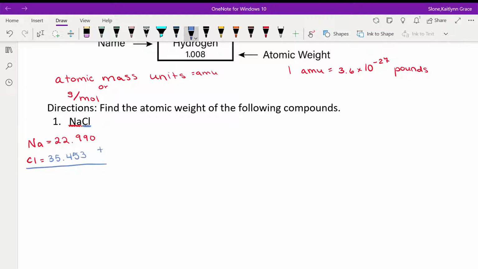So when you add those up, you get a total of 58.443 AMUs, or sometimes, if your teacher likes it this way, grams per mole. And all we did was add the atomic weight of each of those atoms.